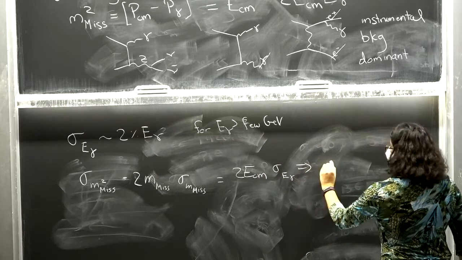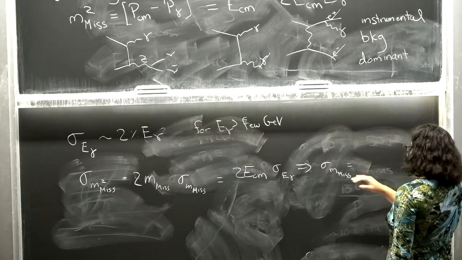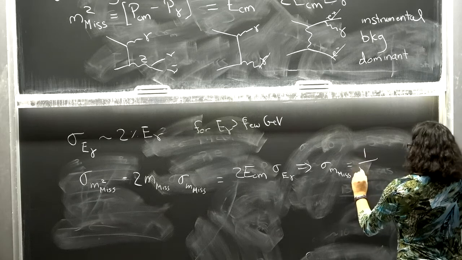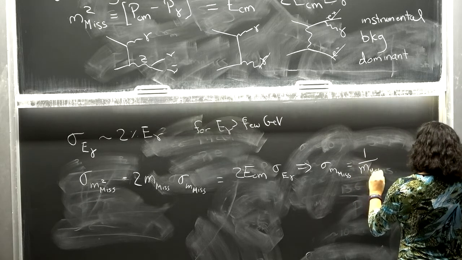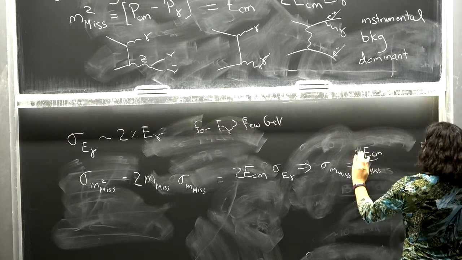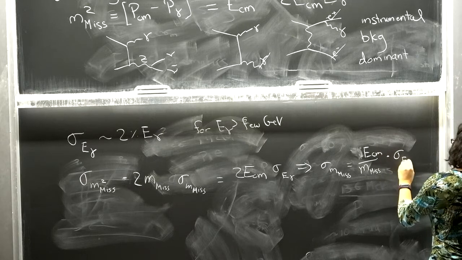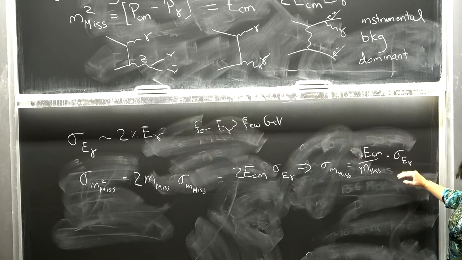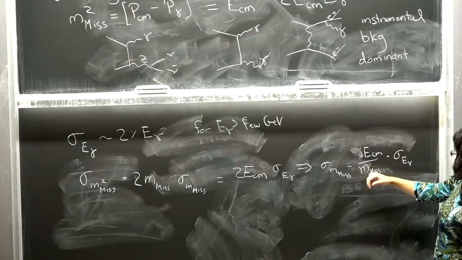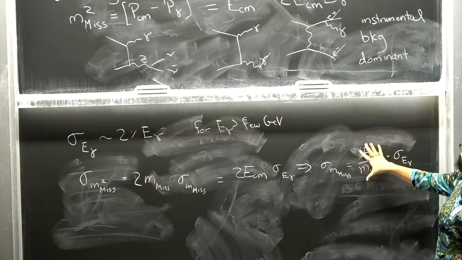So that means that the uncertainty in missing mass actually goes like CM energy over missing mass times the sigma E gamma, which was already at the 2% level. But now, if I'm talking about a missing mass of less than a GeV, I get a factor of 10 enhancement on this.